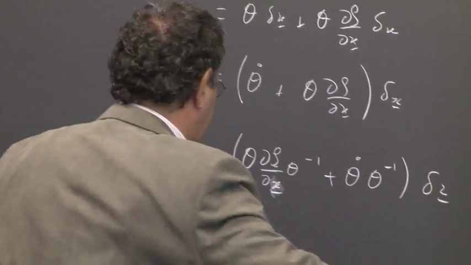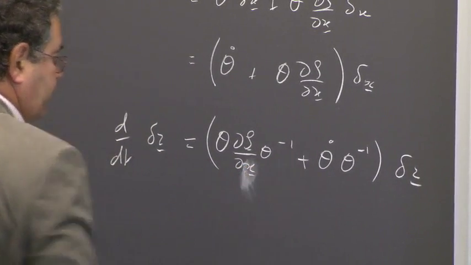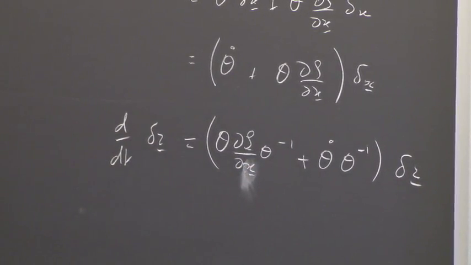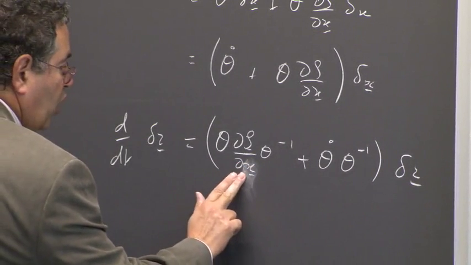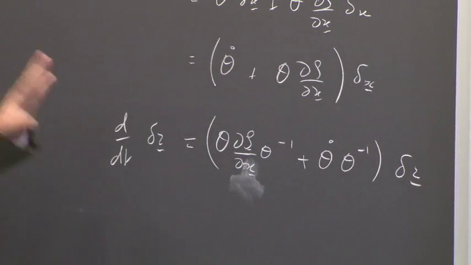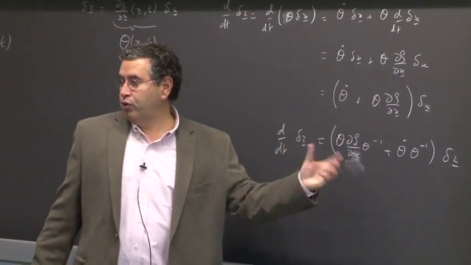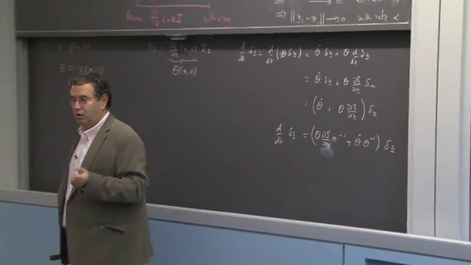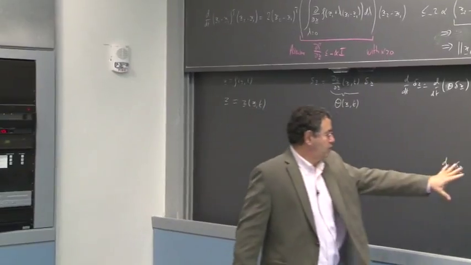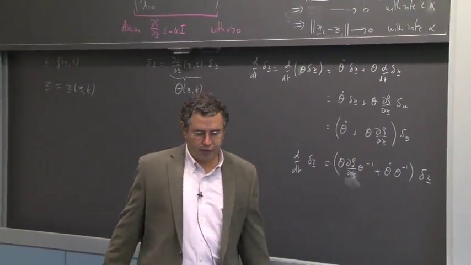Now, this is not entirely surprising, in a sense, because if theta was constant, this would just be a usual change of variables matrix, times the Jacobian times its inverse, okay? And so this extra term comes from the fact that theta is not constant.